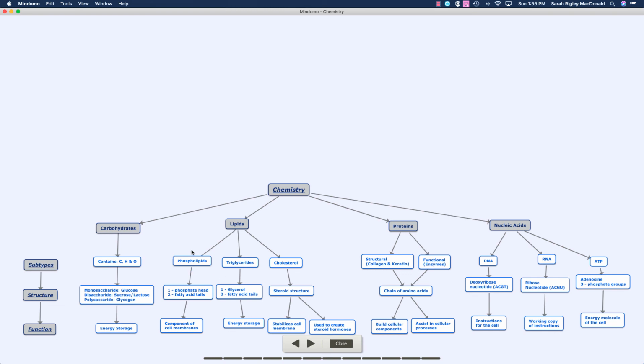This also means that you'll have to know the subtypes for these. The least important part for me is structure. So all of this whole layer here for structure, save that to the end if you're finding this challenging. The only exception to that would be for the carbs, because we will be using this information throughout the whole course. So this one for structure, you do need to know.